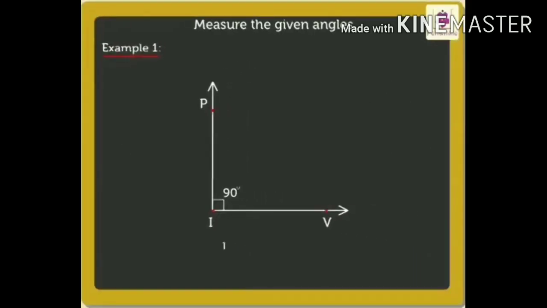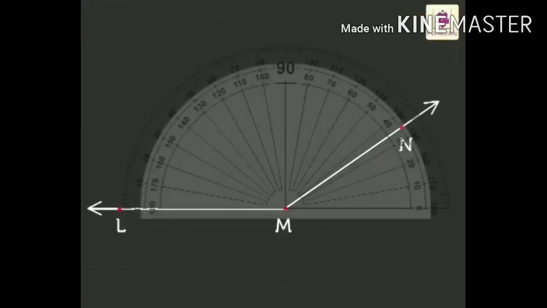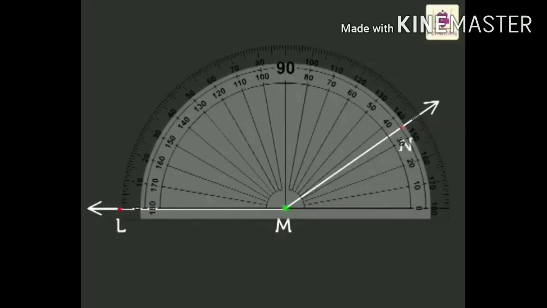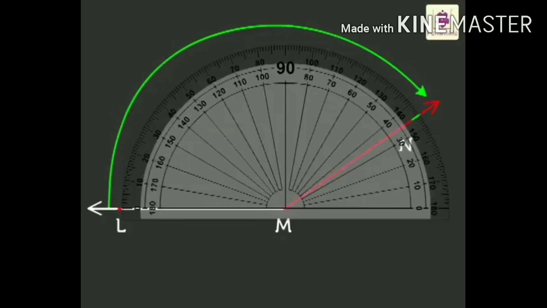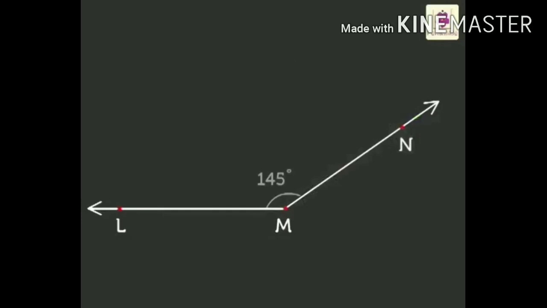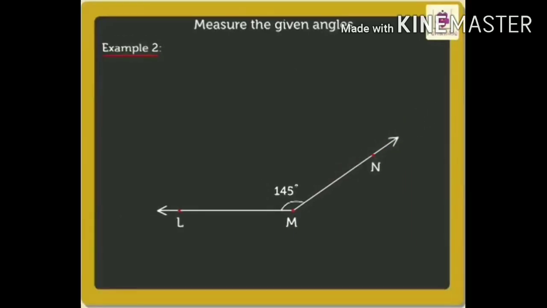On measuring, we get the measure of the angle PIV as 90 degrees. Look at this angle. On measuring it, we get the answer as angle LMN is equal to 145 degrees.